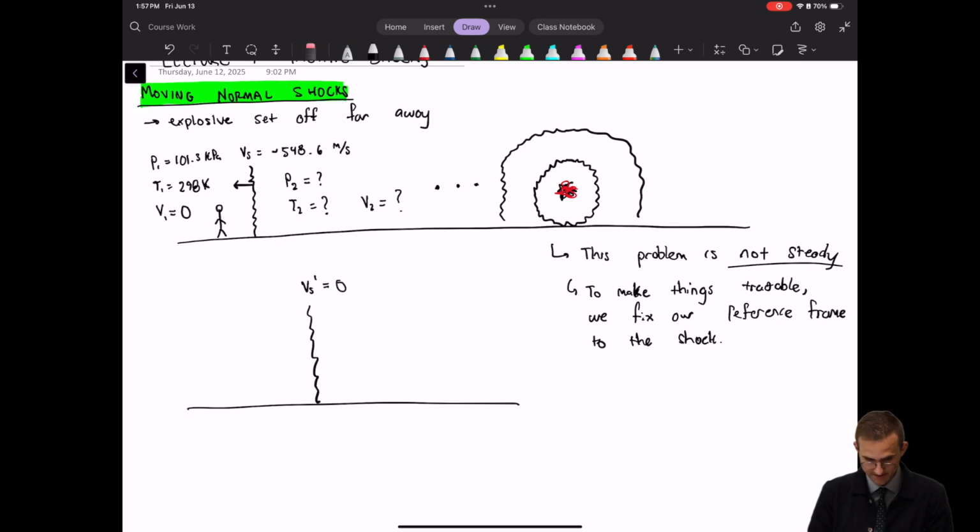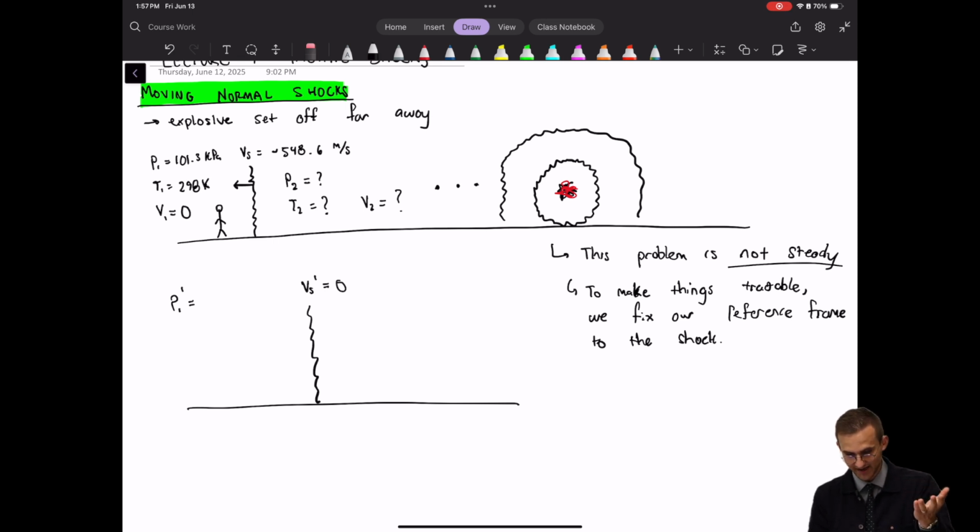Okay, and so the static pressure after our shift in reference frame doesn't change, right? If you just measure the pressure of a bit of gas, it shouldn't change.